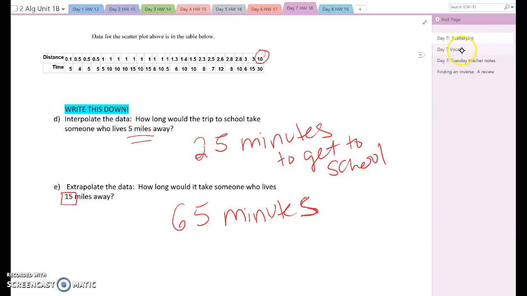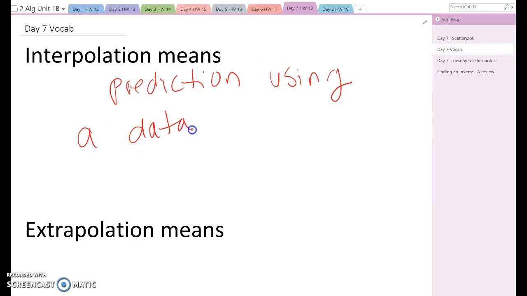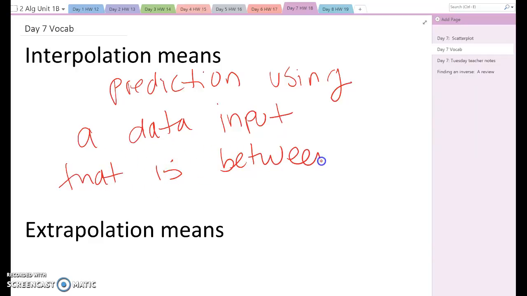So flip the page over and jot down a good definition of what interpolation means and a good definition of what extrapolation means. So interpolation means making a prediction or a calculation using a data input that is between or inside the given data set.